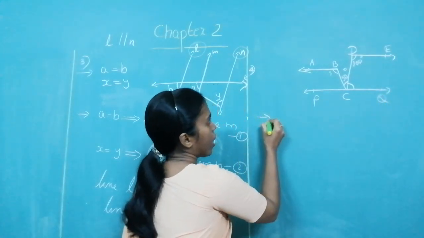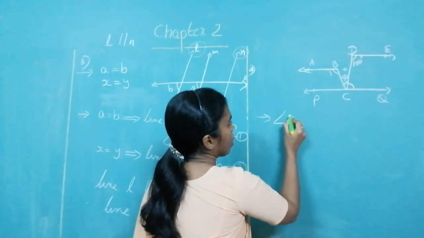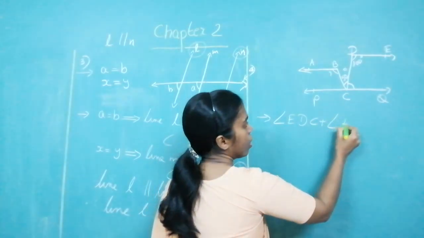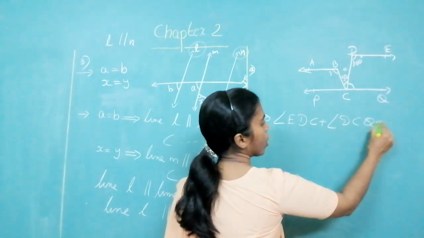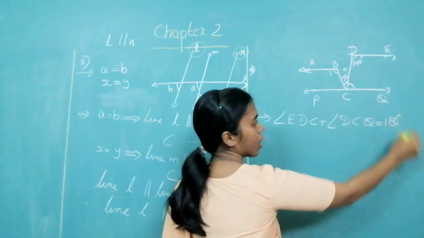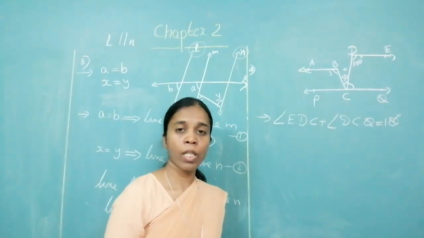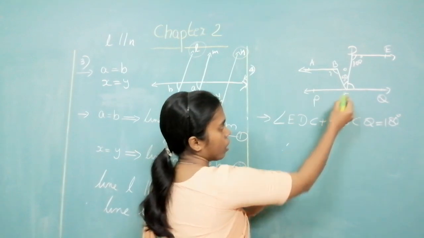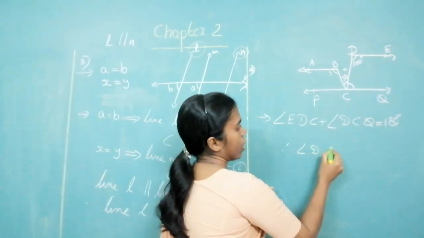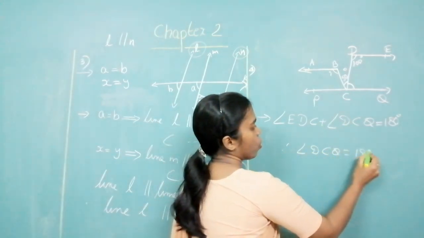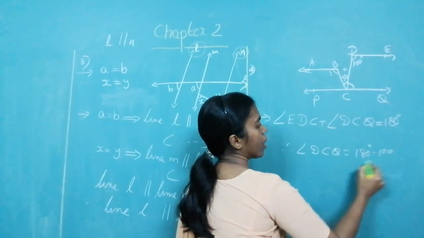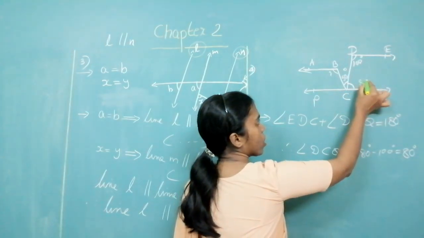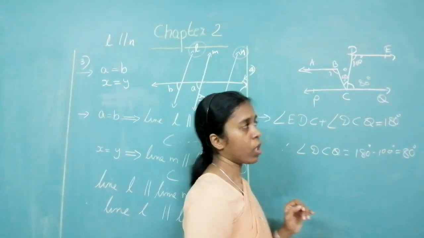So, you can write angle EDC plus angle DCQ equal to 180 degrees. Reason: interior angles. Therefore, angle DCQ is equal to 180 minus 100 degrees, that is equal to 80 degrees. So, you have got this is equal to 80 degrees now.